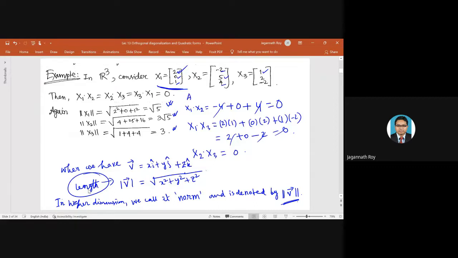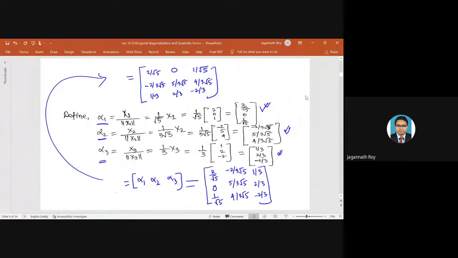So the aim is to find an orthogonal matrix. We have seen these vectors are orthogonal and we are making their length a unit. We have defined it. So let us call it A. And if you write its transpose, A transpose, then we can claim that A is an orthogonal matrix.